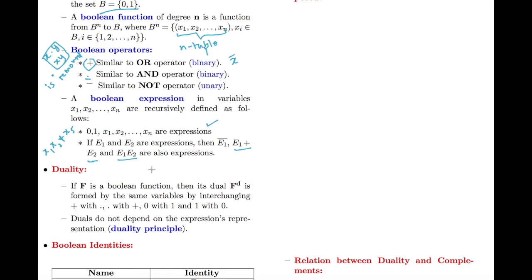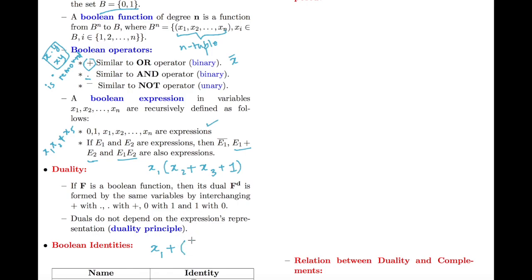So for example, if I have, let's say, x1 times (x2 plus x3) plus 1. So what is the dual of this? The dual of this is x1 remains x1. This is multiplication, right? So I'll say plus in brackets.